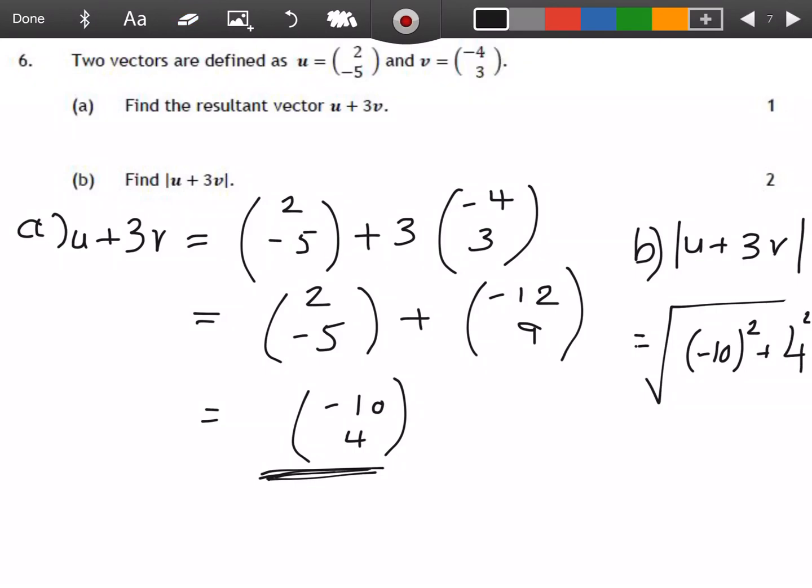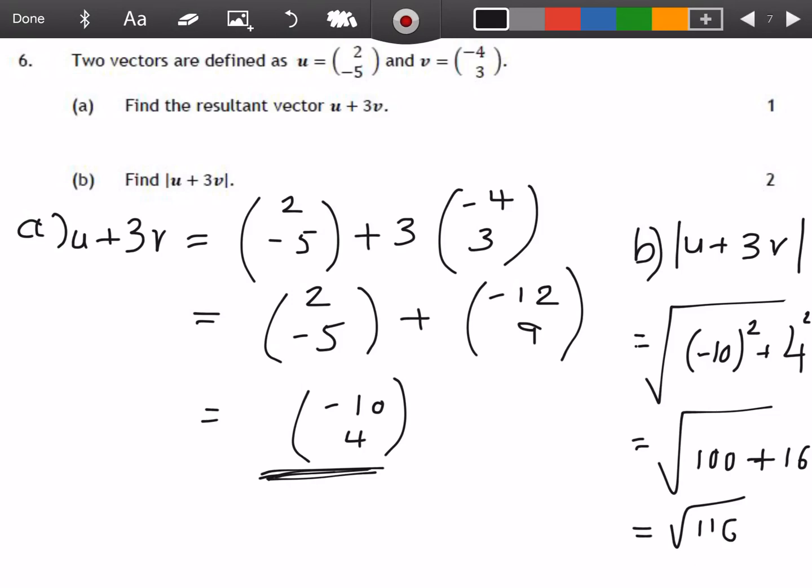That's a bit better. Square them both, add them up, and take the square root. So really what we're doing here is squaring the minus 10. Square the 4. 4 squared is 16. It's the square root of 116.